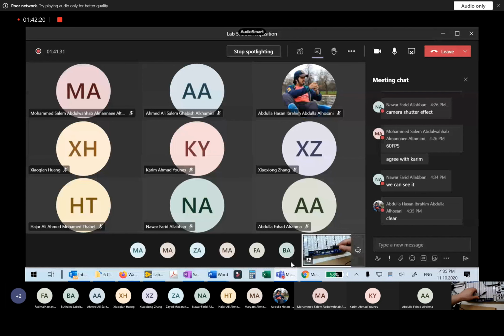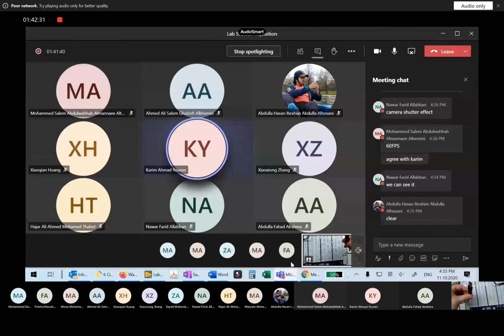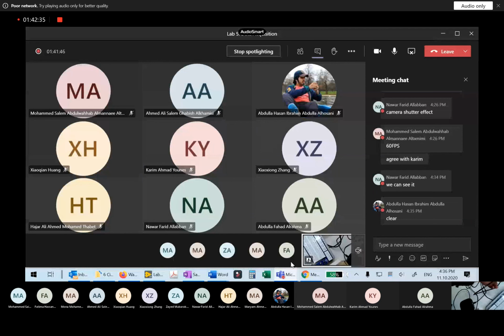So this is my USB. Is the image clear? Yes, we can see. Not very clear, but yeah, we can see. Okay, clear enough. So USB, you just connect it to your laptop, and then you can connect through that.